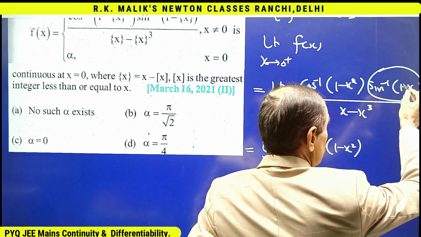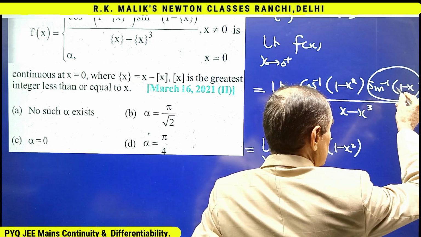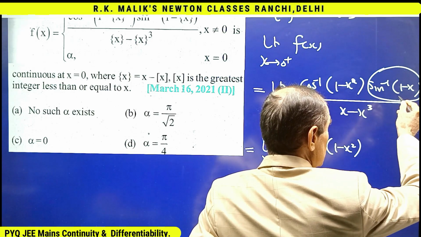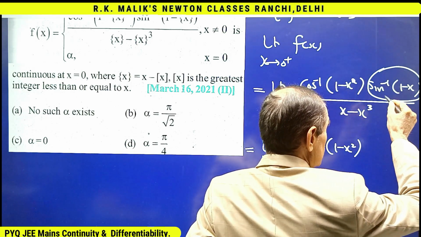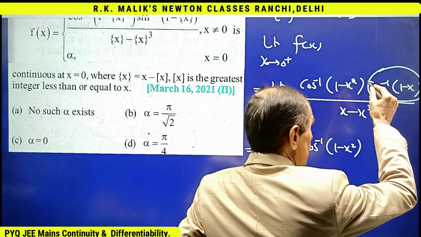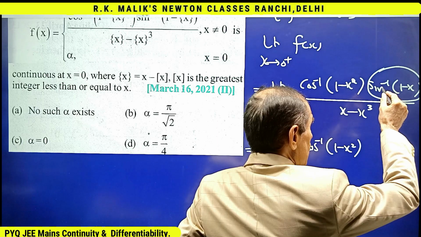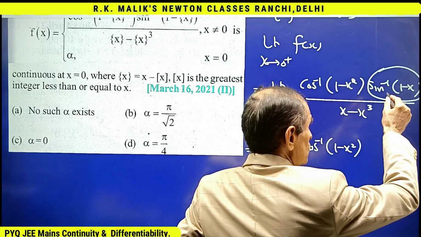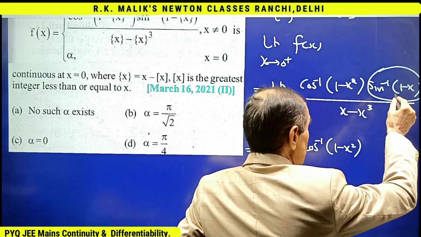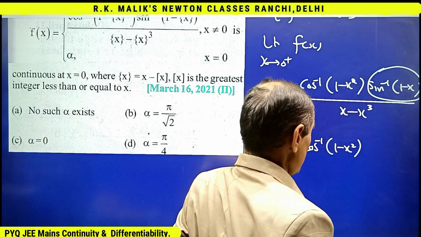And we know that if in some part of the question limit of that part is non-zero finite, and that part is in multiplication or division with the whole remaining question, then we are allowed to take the limit of that part. Agreed that we are not always allowed to take the limit of a part of the question, but in that case we are allowed to take the limit of that part whose limit is non-zero finite, and that part is in multiplication or division with the remaining whole question on which limit is operating.